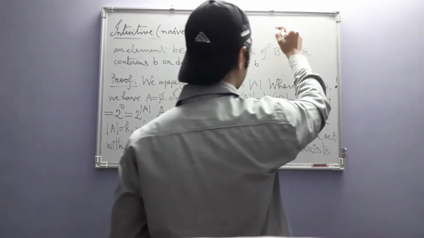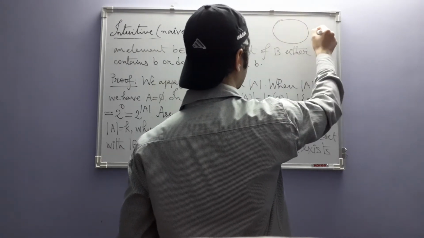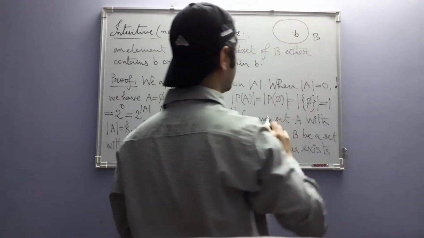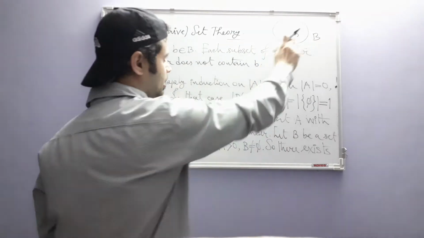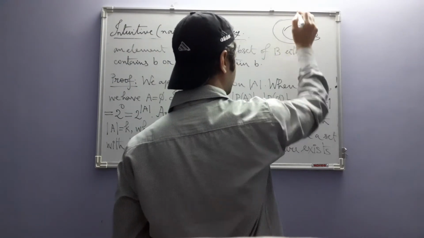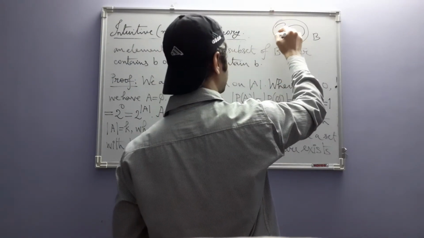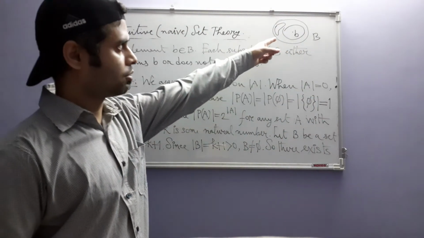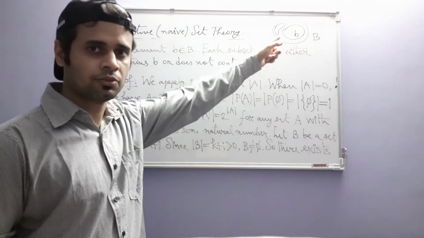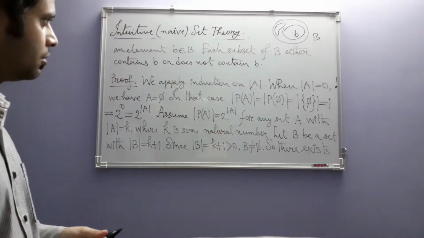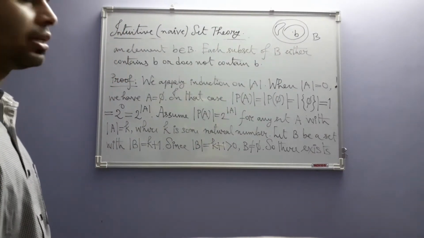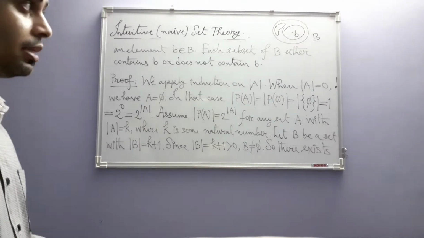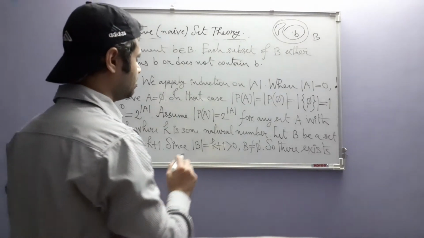So it's like this. This is B, this is small b. Any subset of capital B may either contain small b or it may be like this also, that does not contain small b. And these are the only two types of subsets of capital B. Now we have to estimate the number of each type. I mean the number of subsets in each type.